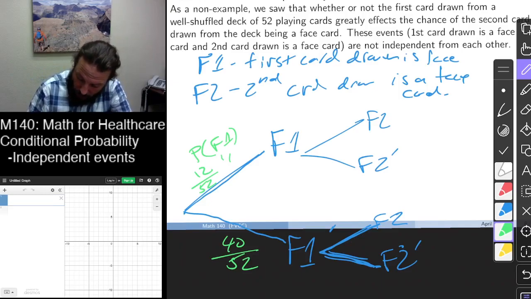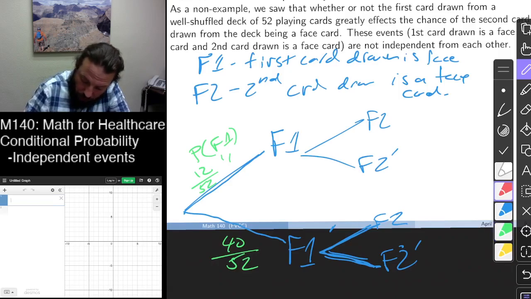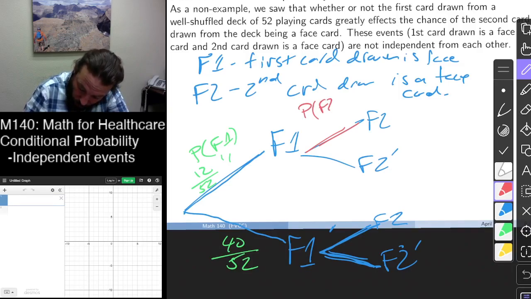Now let's recall what goes in this next layer. Over here we have conditional probabilities. I'll do those in red. So for instance, this red edge, what do I mean by that? I'm already out here at F1, so I know that happened. So I'm looking for the probability that F2, a face card, gets picked second, given that a face card was chosen first.